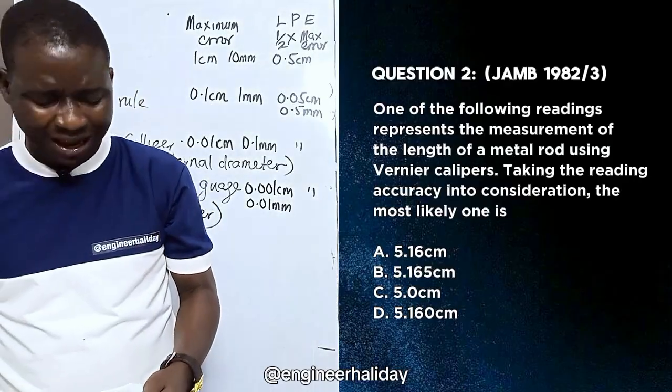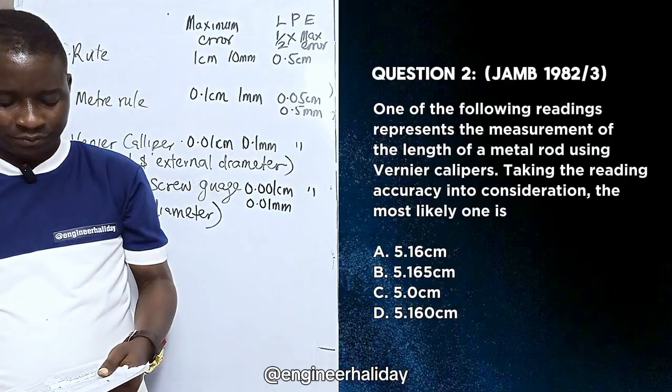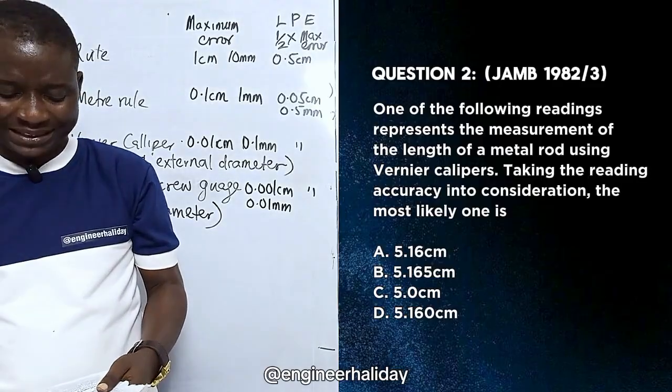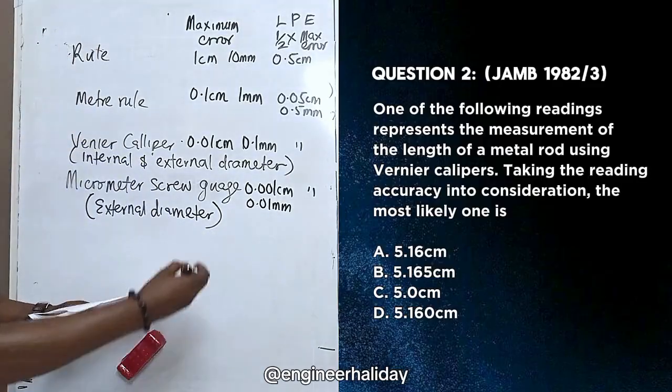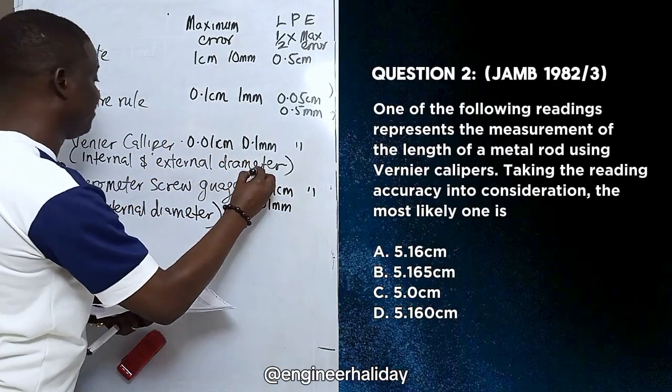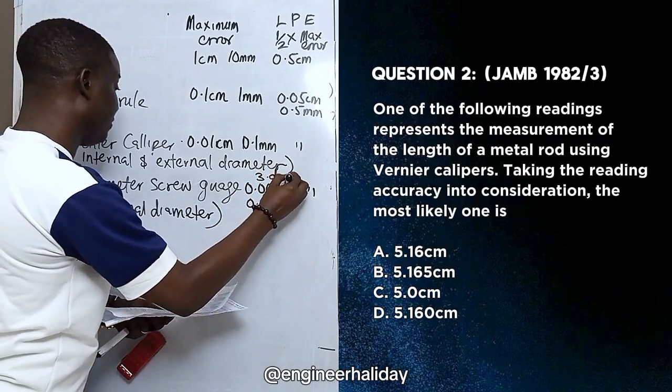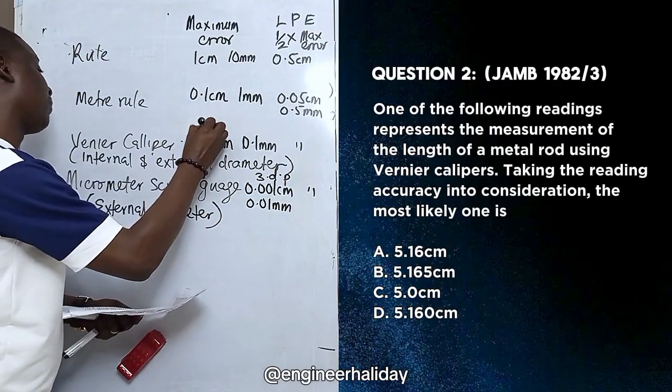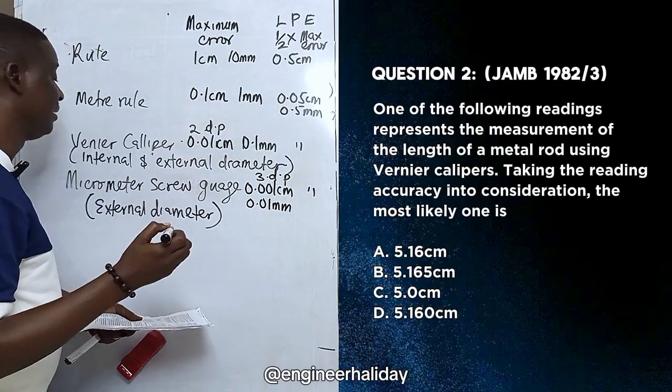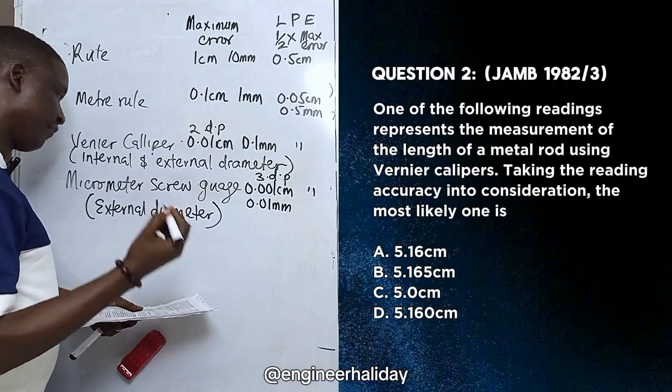B says 5.165. That one is micrometer screw gauge, 3 decimal places. Whenever you see 3 decimal places in centimeter, that is micrometer screw gauge. Then 2 decimal places in centimeter is vernier caliper.